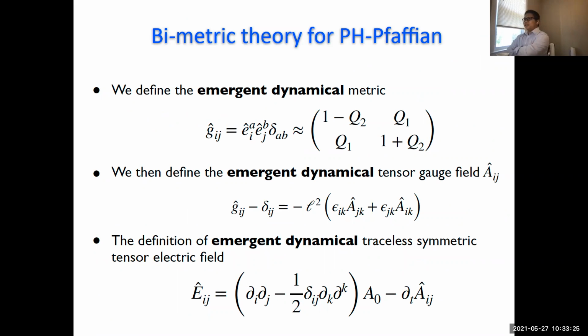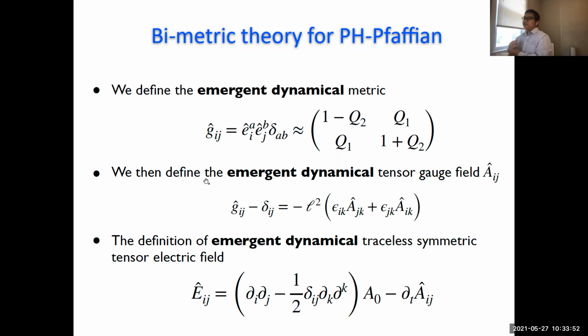I give you a present, and this is a bimetric theory for PH-Pfaffian. So instead of the background metric, we define the emergent dynamical metric with this form. So the g_ij is the dynamical metric defined in terms of the emergent vielbein. And here is now the linearized version of this definition.